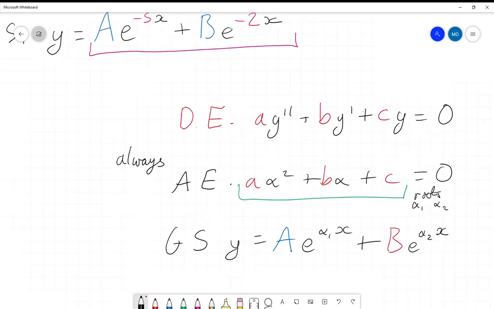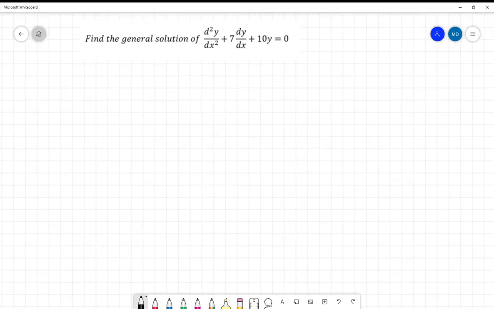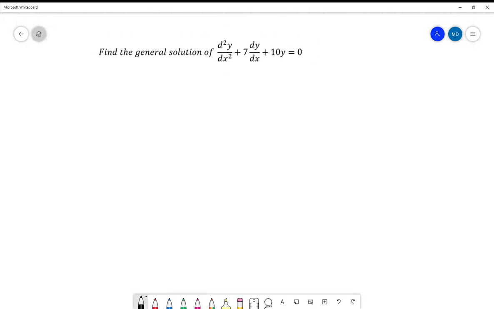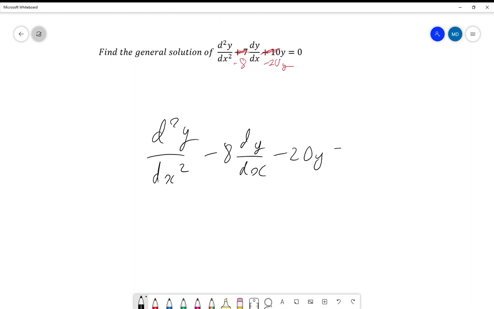Okay, so let's use that little trick in action. Here's find the general solution of this, which is exactly the same as the one I had before, because my copy and paste didn't work properly. It's meant to be minus 8 minus 20y. So we have d2y by dx squared minus 8 dy by dx minus 20y equals 0.